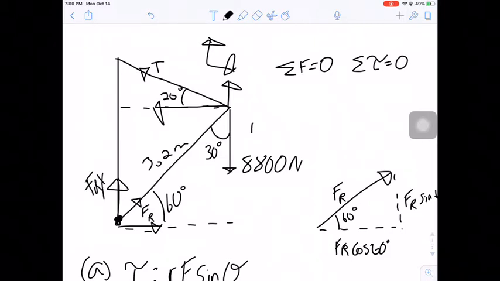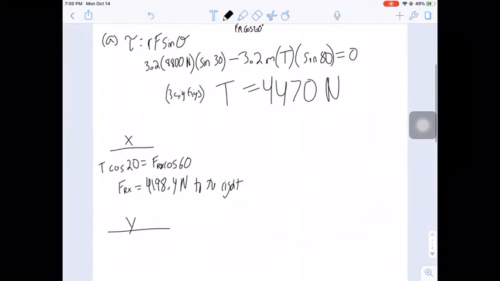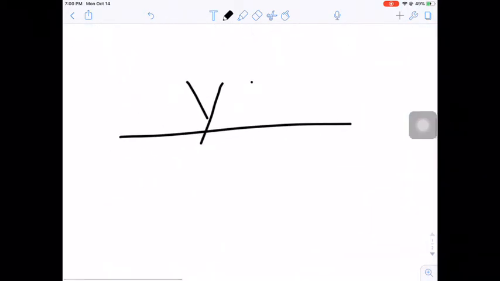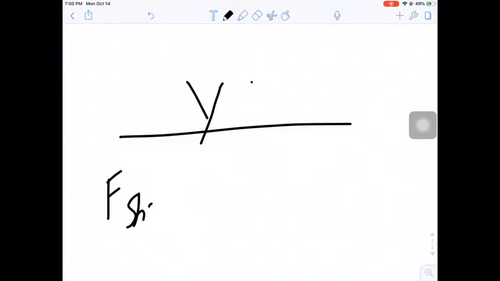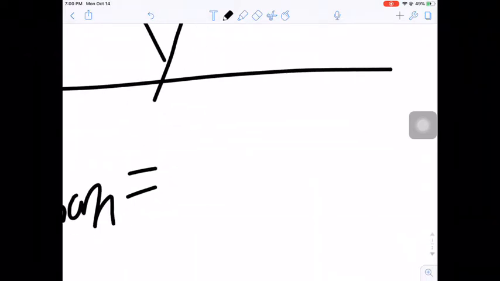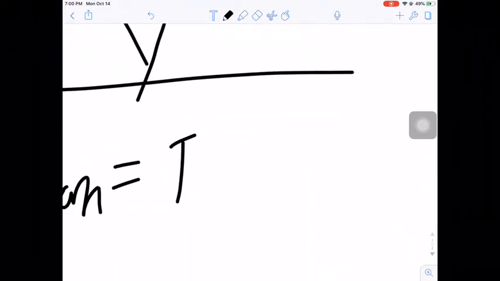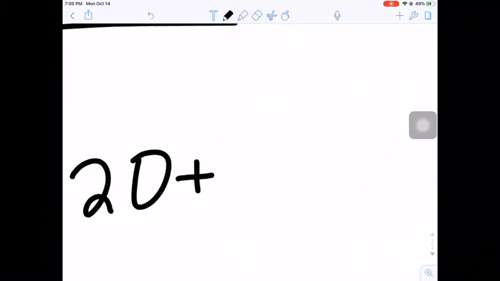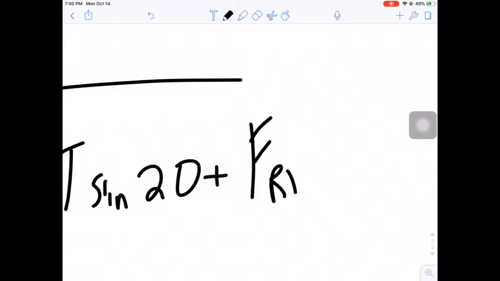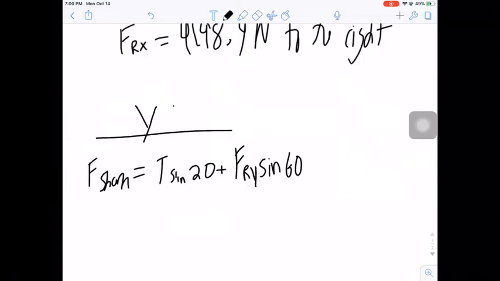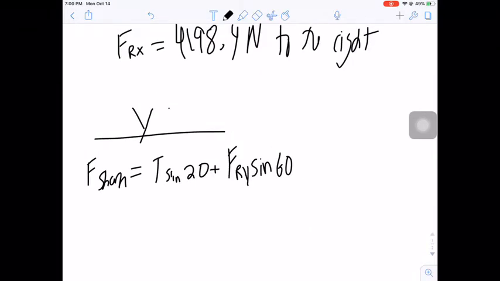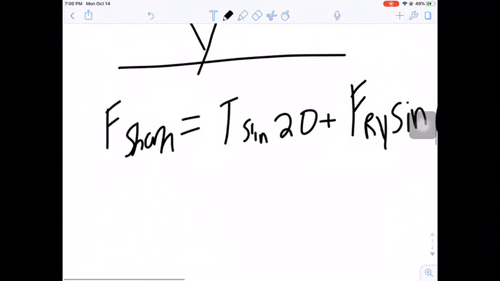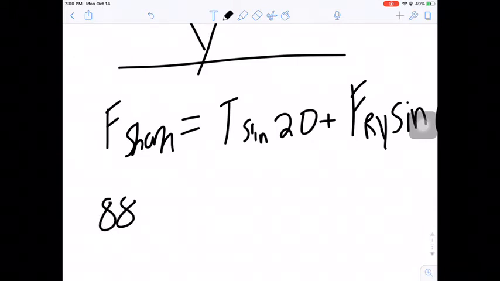So the force of the shark is equal to the tension force T sine 20 plus FRY, the y component of the rod, sine 60. We know T, and we know the shark's force, so we can just plug those in.